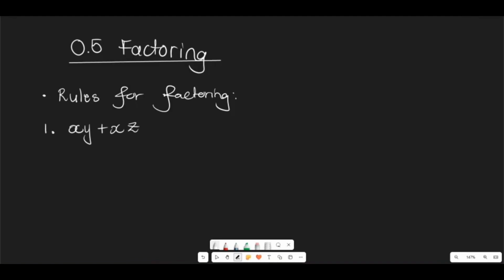In order for us to find the common factor, we need to take out the x. That would be our common factor in that case. So we take out a common factor of x, and we'll be left with y plus z inside the brackets.